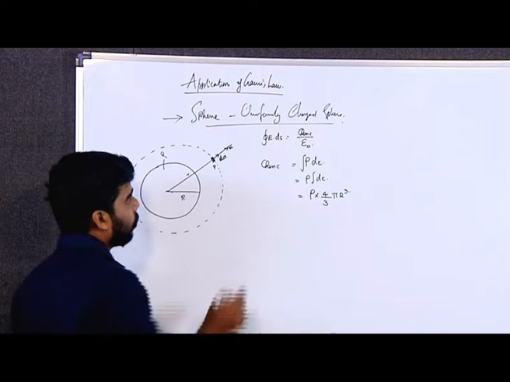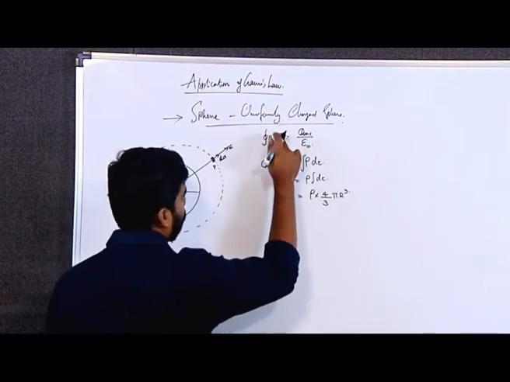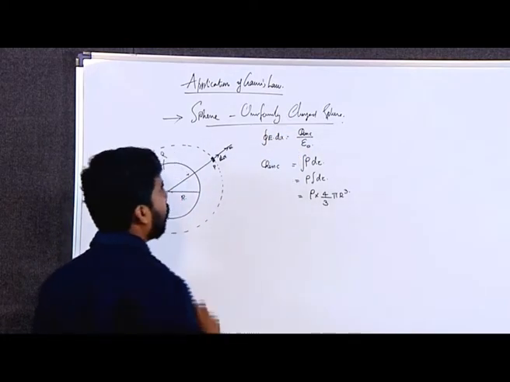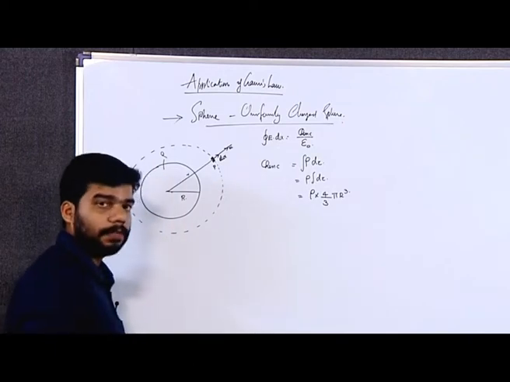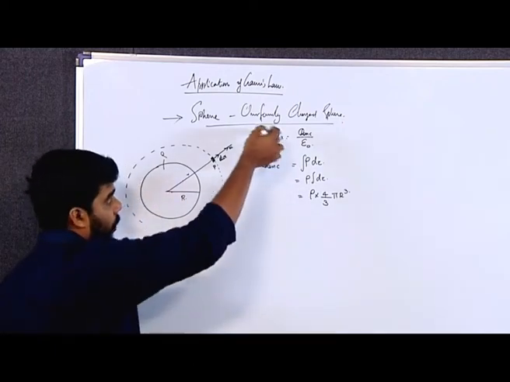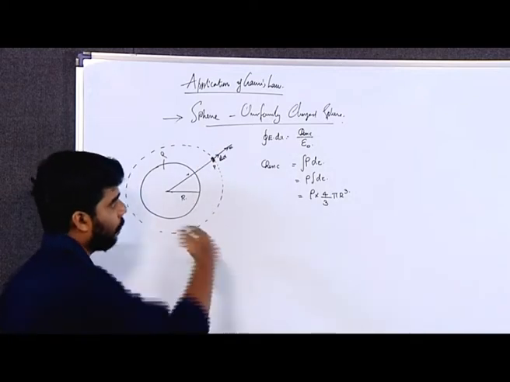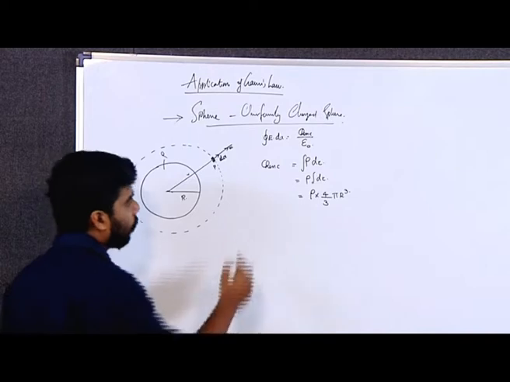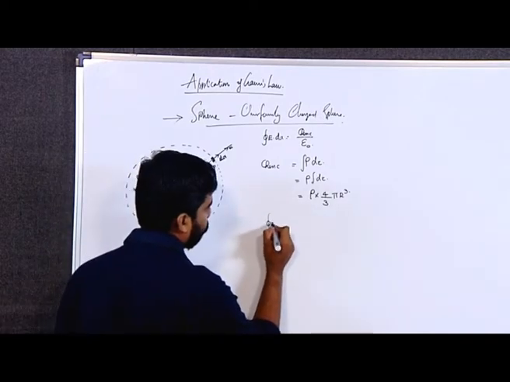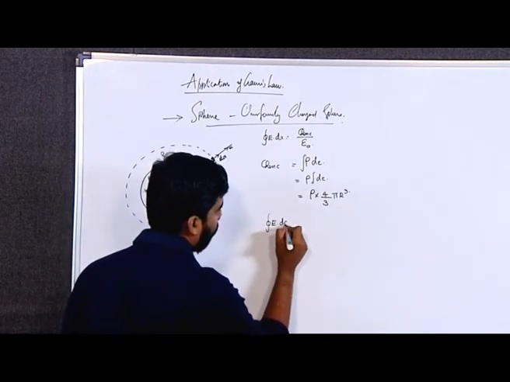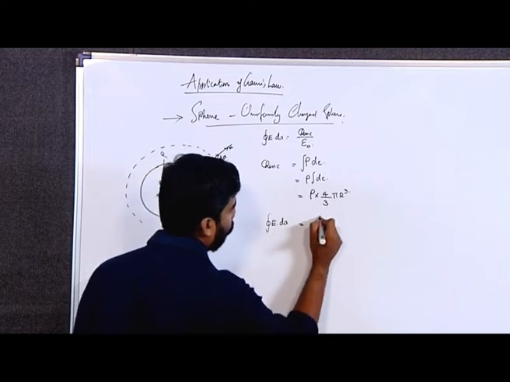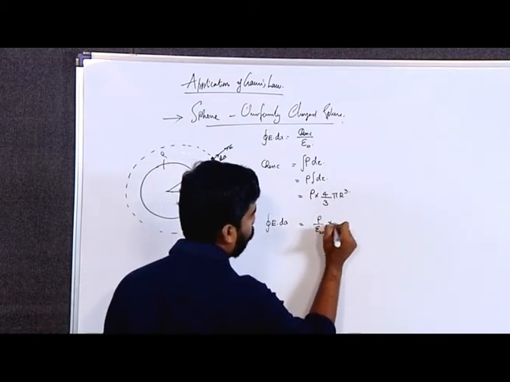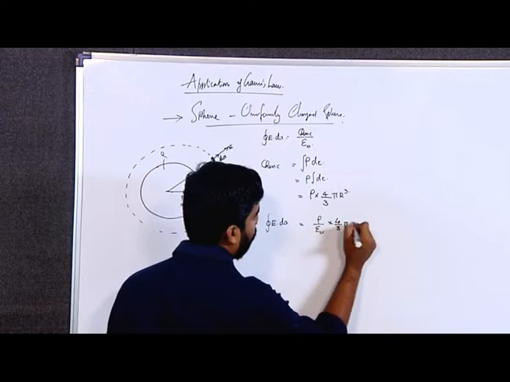Sorry, we are always using dA. ds is also a representation of surface area, but initially we took dA, so for the whole chapter we will take it as dA. So closed integral E dot dA is equal to rho by epsilon 0 into 4 by 3 pi r cube.